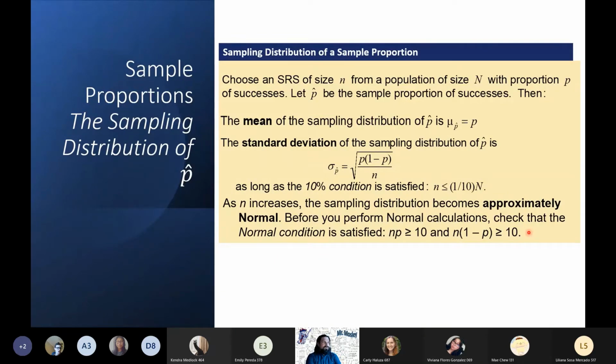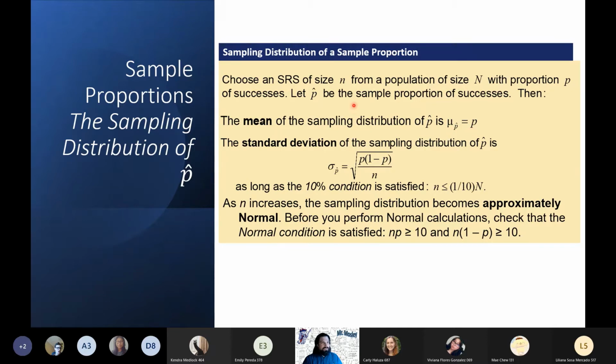If we choose an SRS of size n from a population of size N, where little n is the sample size, large N is the size of the population, with proportion p of success, we let p hat be the sample proportion of successes. Then the mean of the sampling distribution of p hat is p.